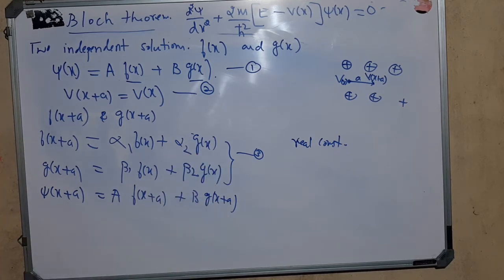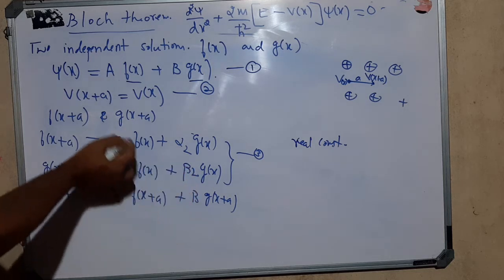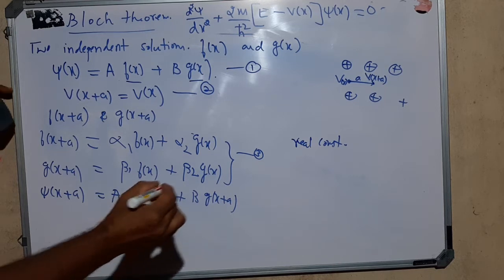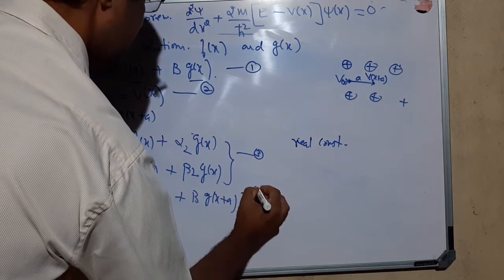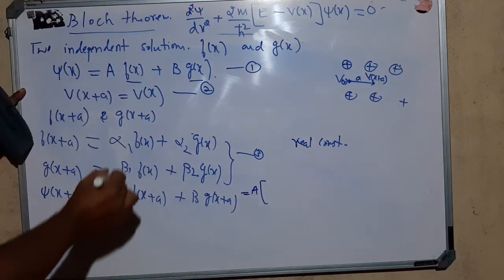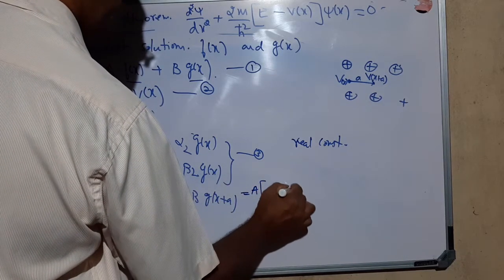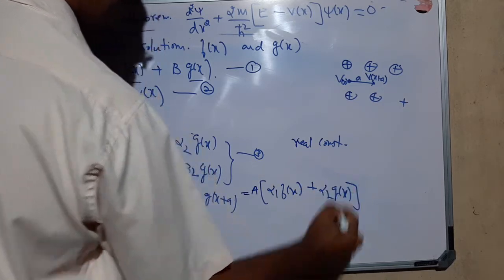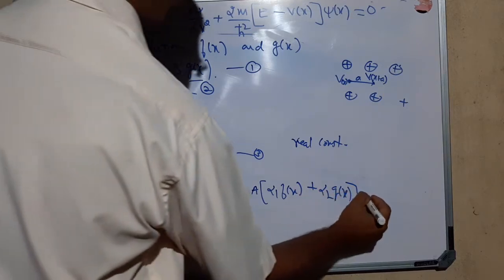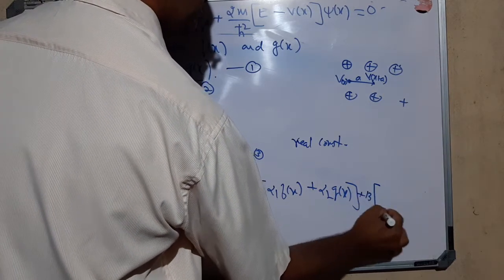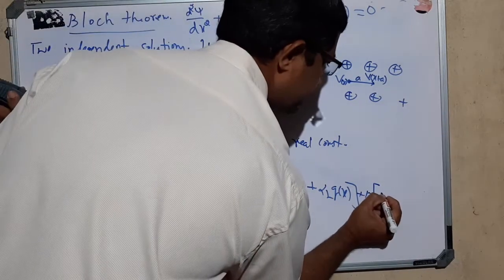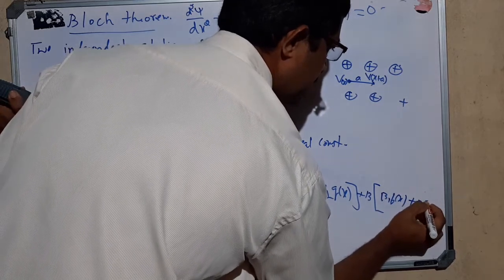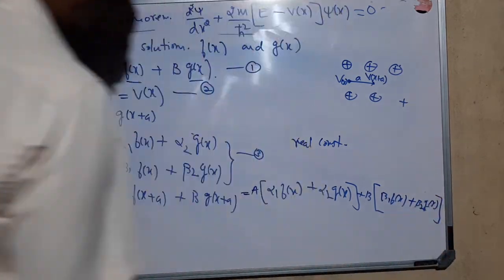Now what you have to do? From equation number 3, you substitute for f of x plus a and g of x plus a. That is a into alpha 1 f of x plus alpha 2 into g of x, plus b into beta 1 into f of x plus beta 2 into g of x.